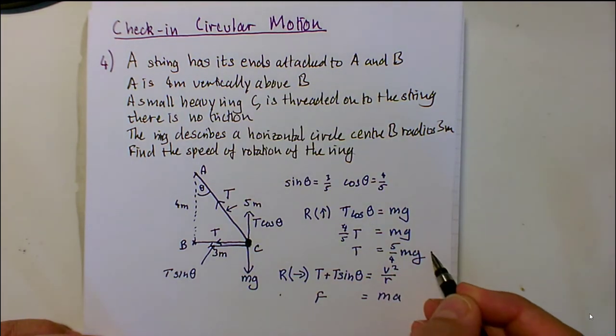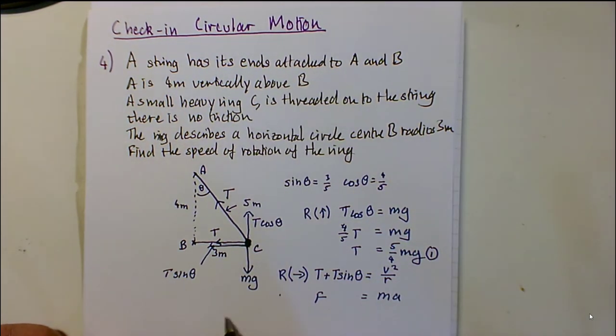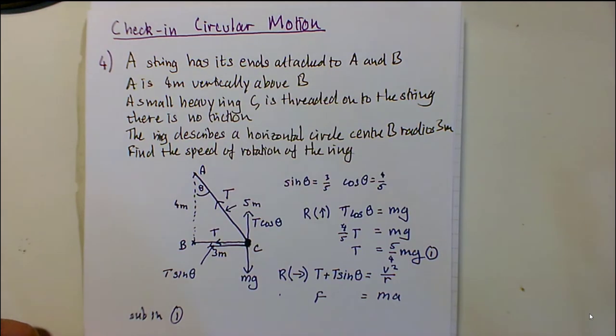So I can now, if I call this equation 1, sub in equation 1 into this equation. If I call that 2, and get 5/4 mg plus 5/4 mg times sine theta.